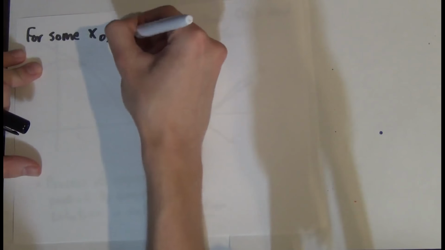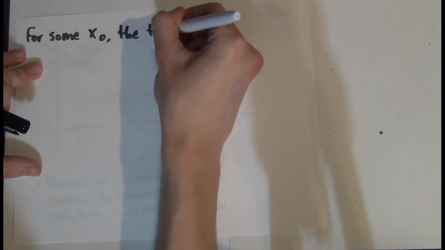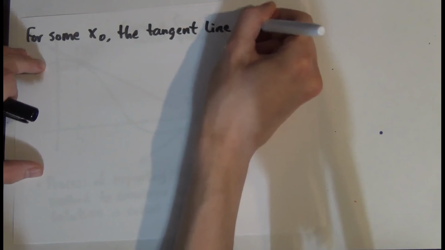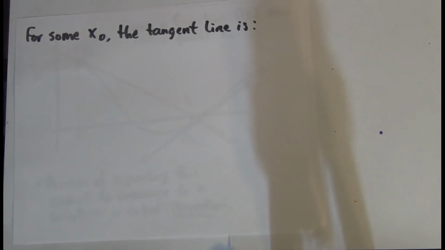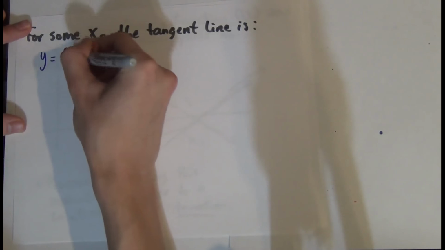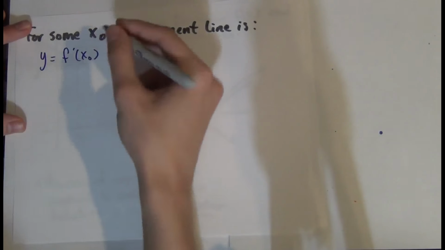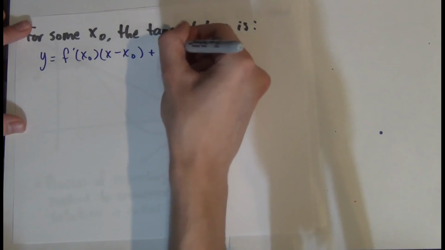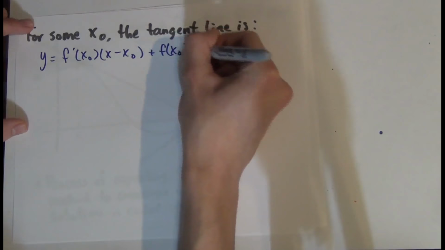For some x naught, the tangent line, we already kind of defined that. So the tangent line equation would be y equals f prime at x naught times x minus x naught plus f of x naught.